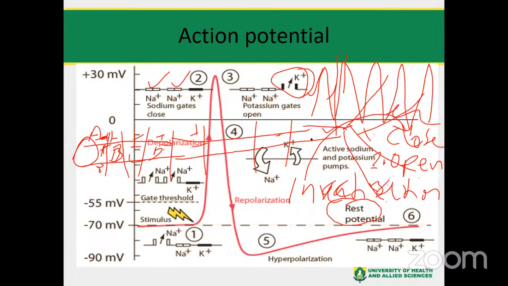Now, in our learning, we'll get to a point where we say, okay, factors that affect the velocity or the speed of action potential, and one of them is cold temperature.